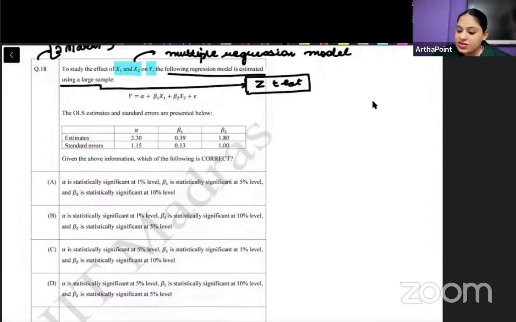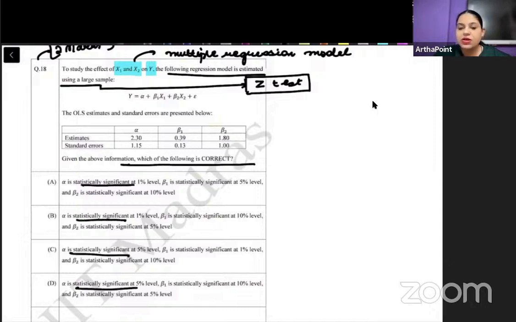right? It says which of the following is correct and it is asking us to check significance. So since it is asking us to check significance, we are going to go for a two-tailed test. The direction is not known to us.